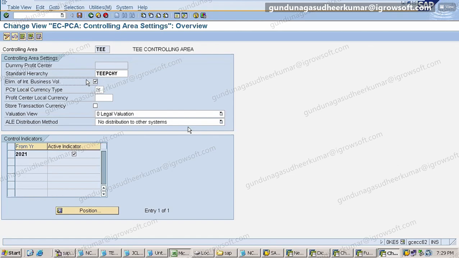We don't want that business volume within the company. Clear? So whatever business is happening within the company code, that business is not considered as performance. Correct? Yes.